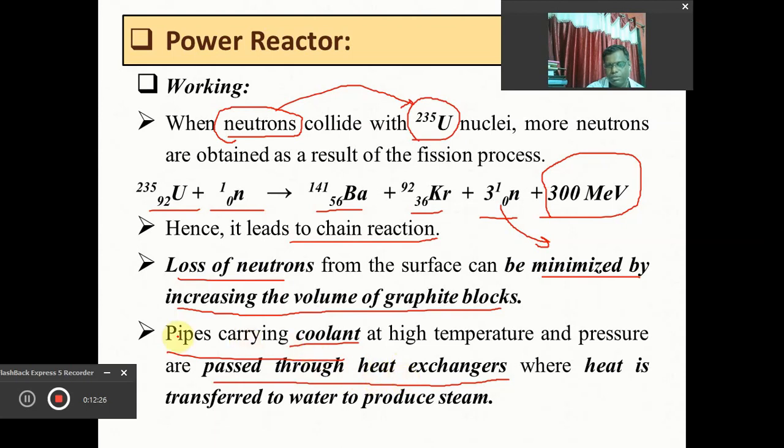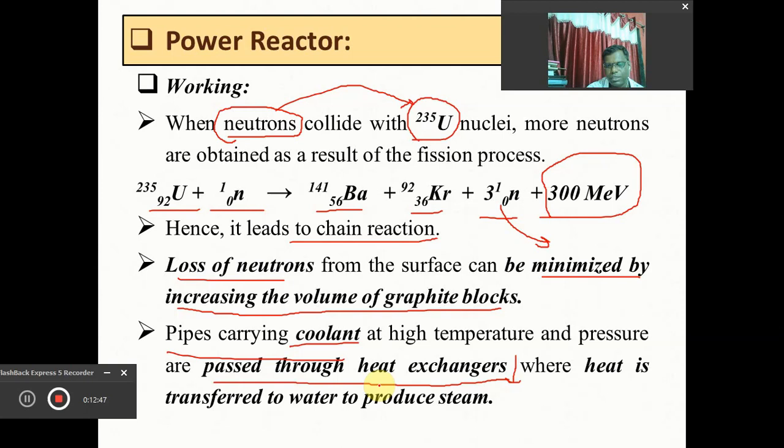Actually, these pipes carrying the coolant are responsible for reducing the temperature of the heat which is passed to the exchanger, and for decreasing the temperature of the central part of the core.